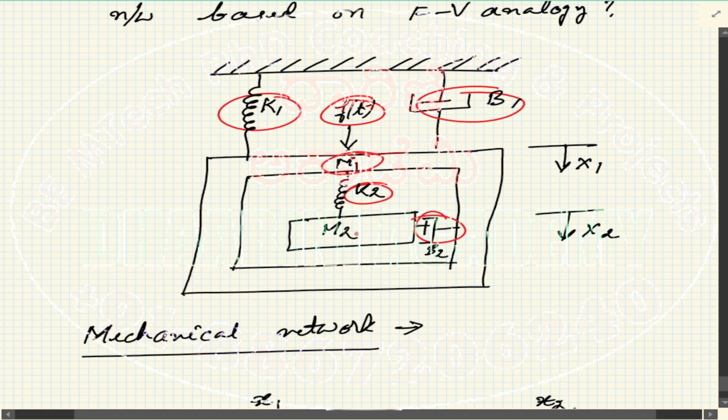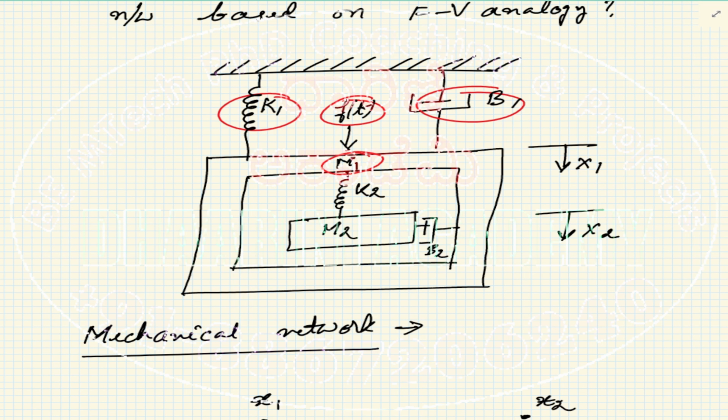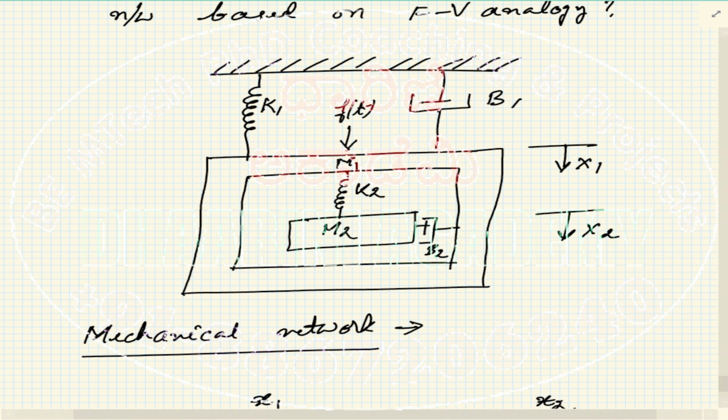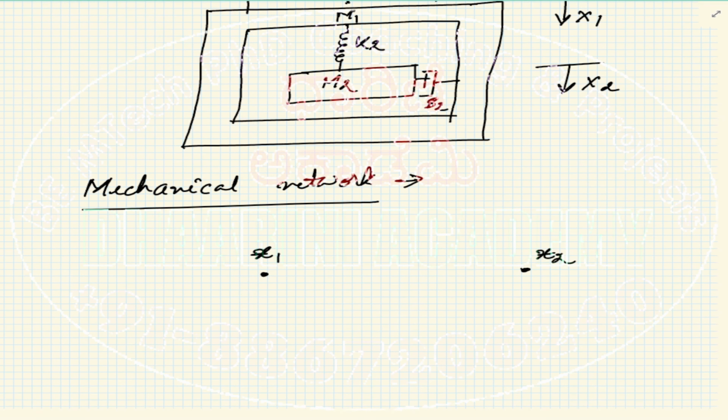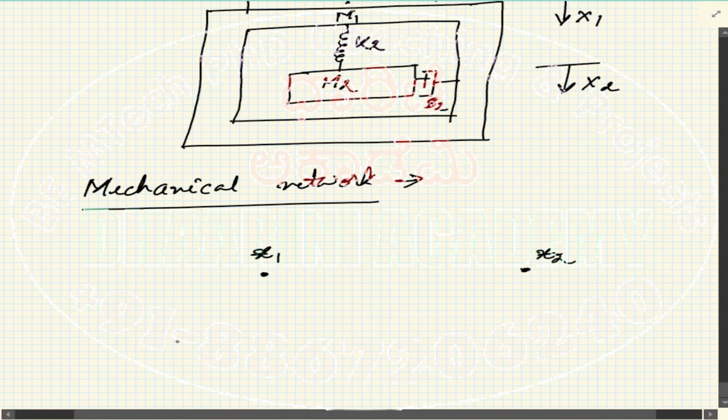Only m2 is not connected to x1 directly. So these are the components I am supposed to mark now. First I'll write a mass, m1. Then a spring, this is k1.